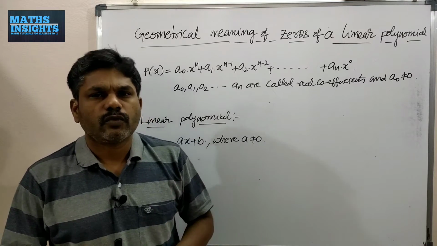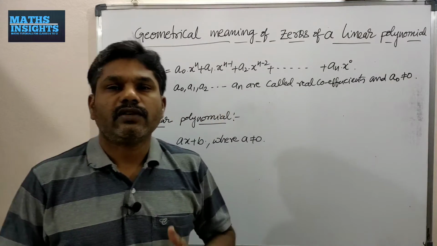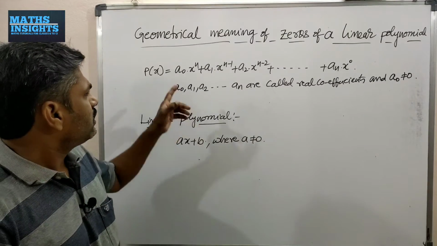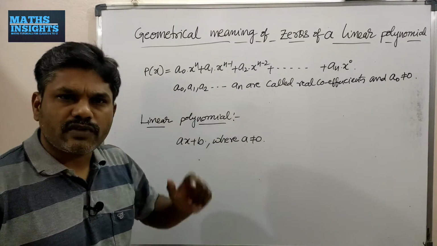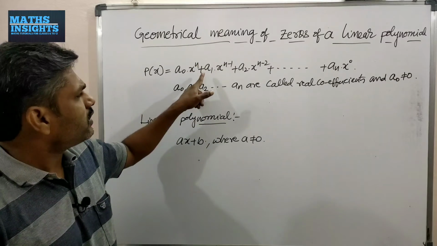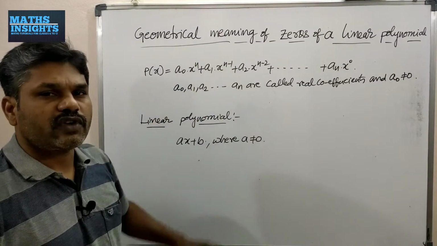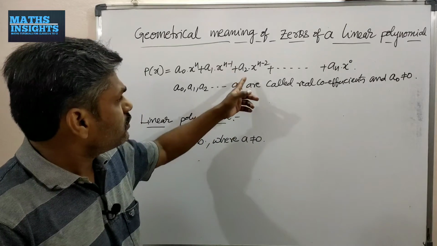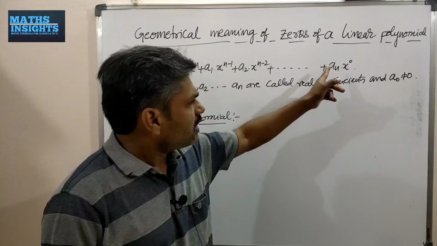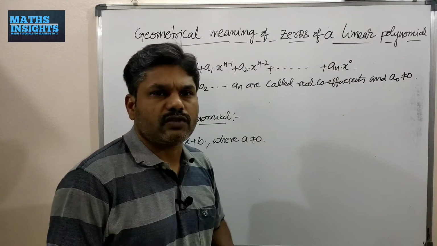We will start the topic by having the definition of a polynomial. A polynomial which is named as p of x is written as a0 into x power n plus a1 into x power n minus 1 plus a2 into x power n minus 2 plus and so on plus an into x power 0.